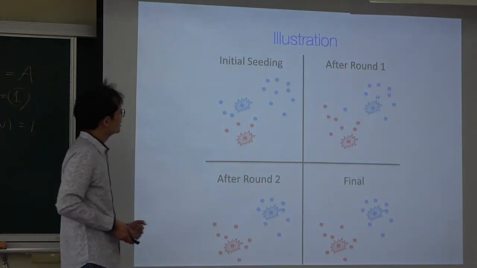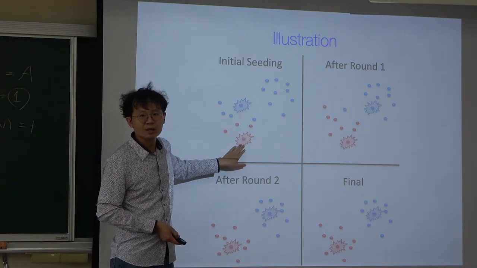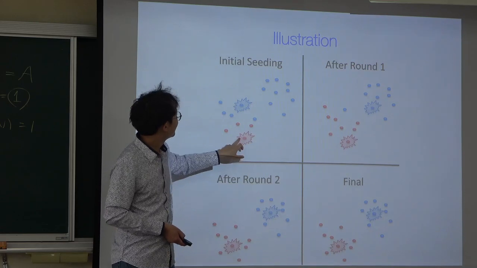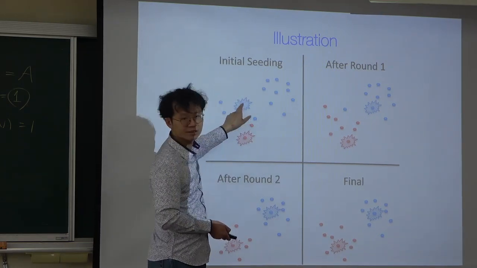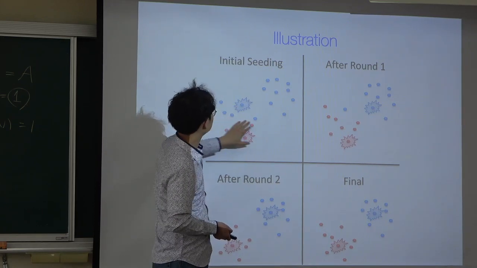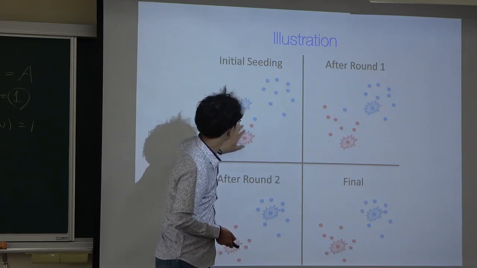What you do is you find the initial seeds, for example, these 2 points, and then you assign all the points to the closest seed. For example, in the very beginning, you cluster all the points into 2 clusters.